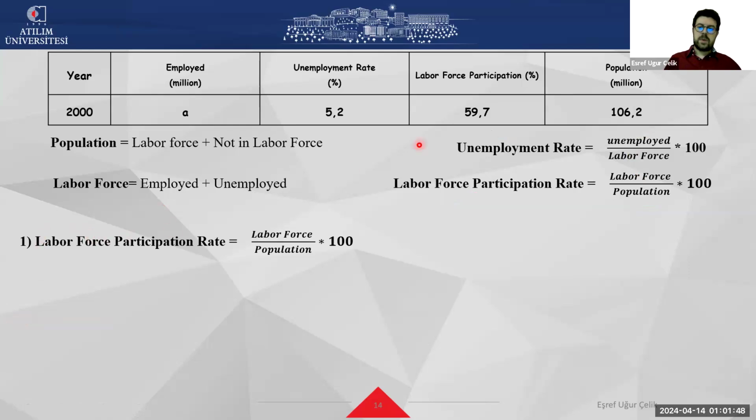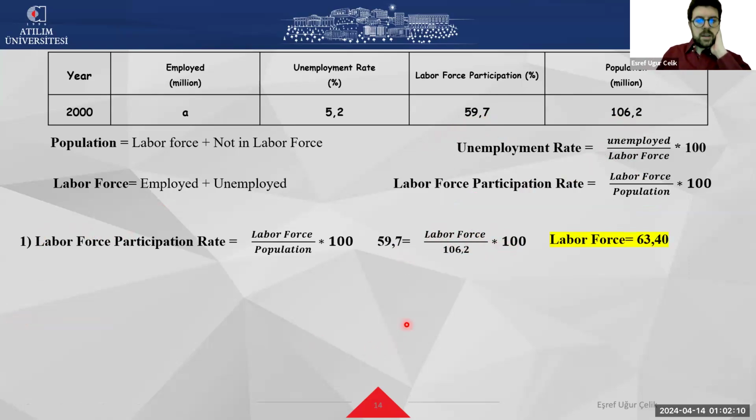What is the labor force participation rate? 59.7 equals, we don't know the labor force, so write labor force divided by population, 106.2, multiplied by 100. Then let's cross multiply and find the labor force: 63.40.